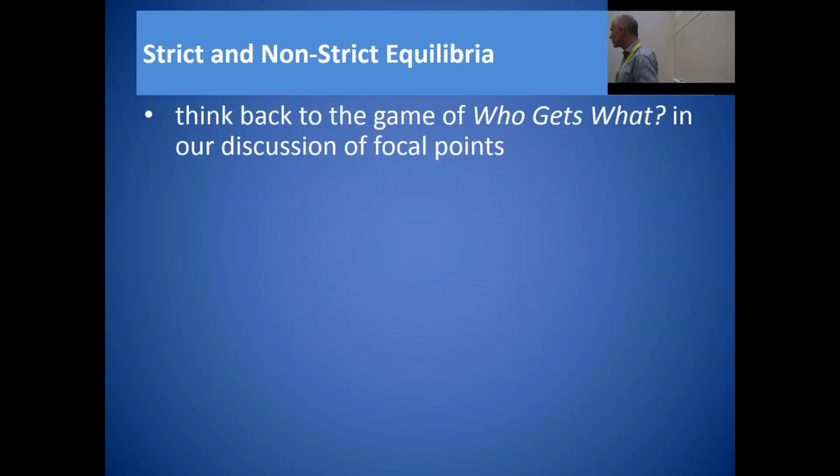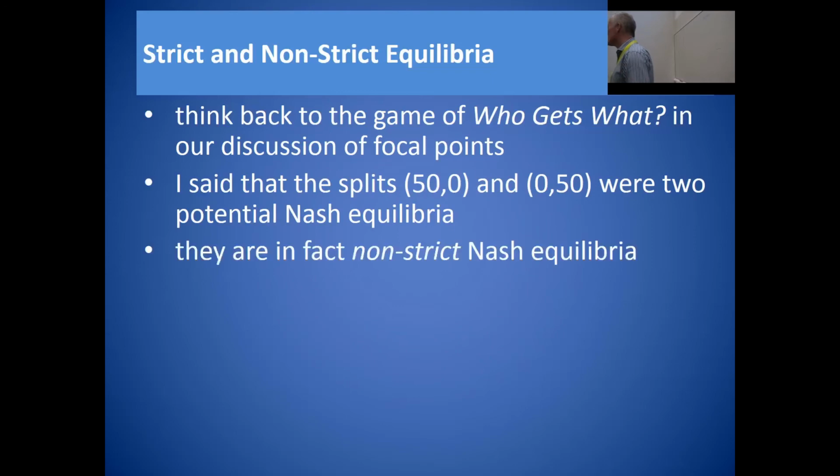So last thing for today. I said that virtually all of the Nash equilibria that you've seen were strict. By suggestion then, you must have seen a non-strict Nash equilibrium. And where have you seen it?